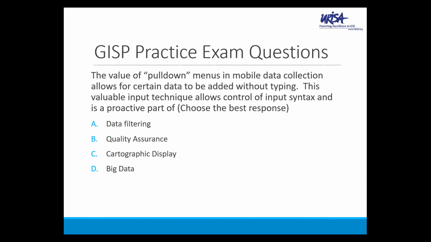This valuable input technique allows control in input syntax and is a proactive part of, well, in this case, the best choice there is quality assurance, because this is a process. This ensures that we don't have spelling issues and typos and mispunctuation and capital letters and lowercase letters mixed up in our fields in a geospatial database. So this is something that's done during the data collection process. So it's a portion of the quality assurance.